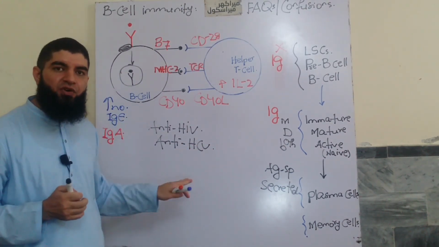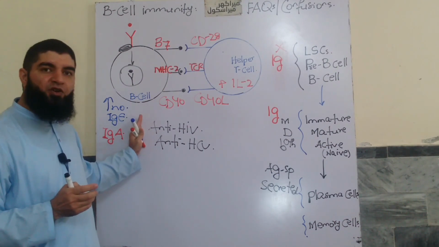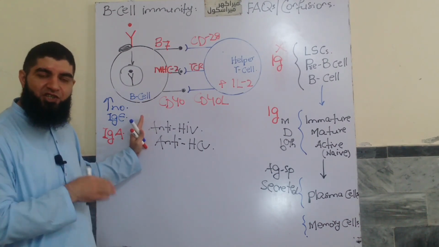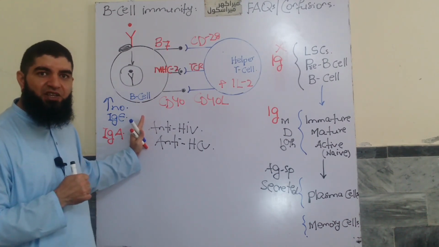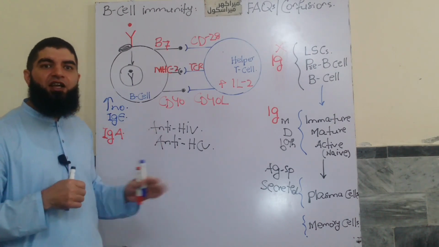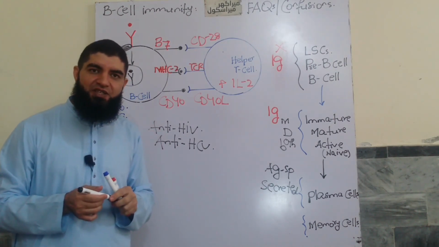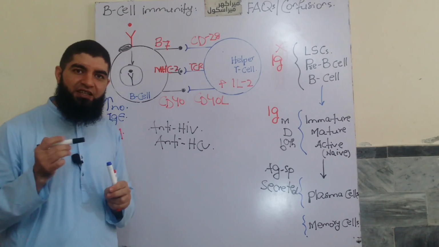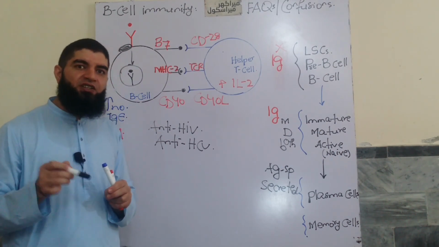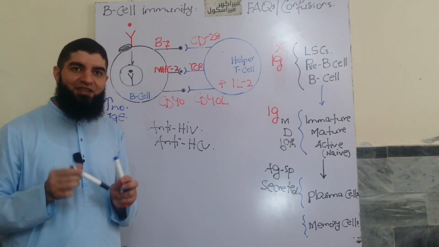They are actually formed, but they don't offer protection or elimination of the microbe. They are merely there, and we use them for diagnostic purposes. So they are meant to protect, but they do not necessarily offer protection.